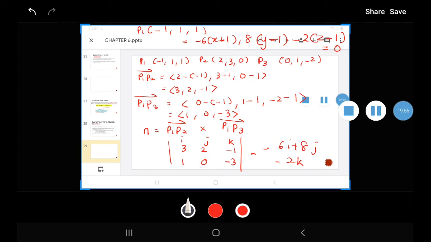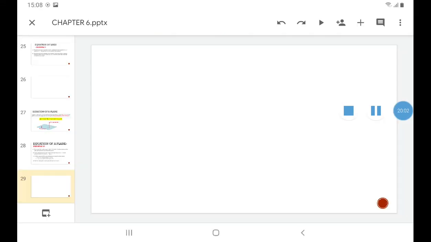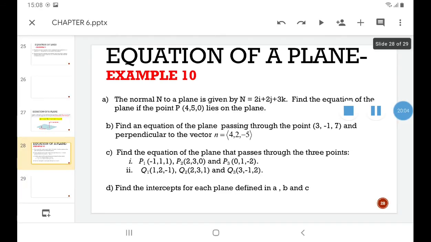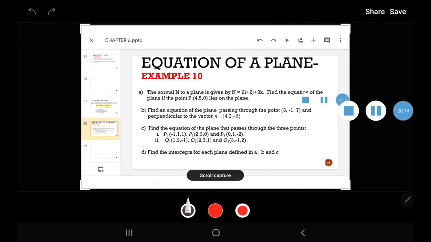So for question Q1 here, I will let you know the answer only, so please try this on your own at home. First you must do this first, right? And then find the vector.